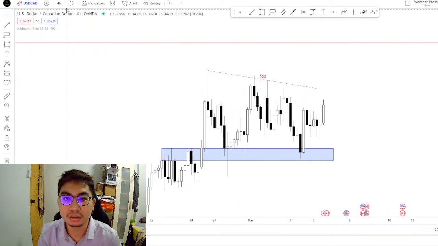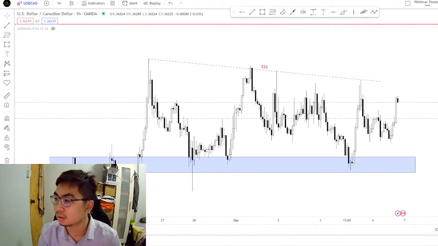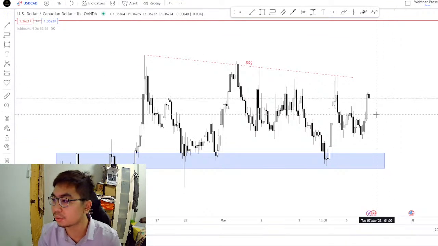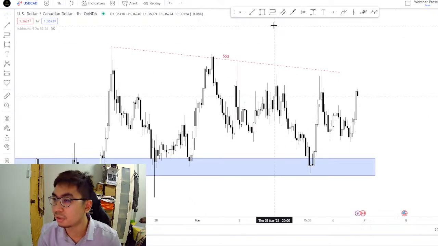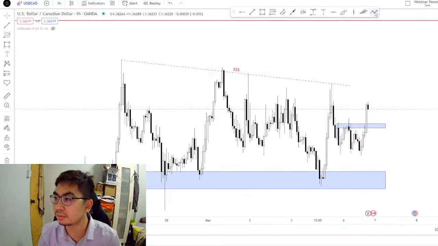So I'll just move down towards the H1 charts. Going down towards the H1 chart, price is still extremely, extremely bullish on USD CAD. What I'm looking for is price to possibly retest these areas right here, tap and rebound, continue moving bullish.